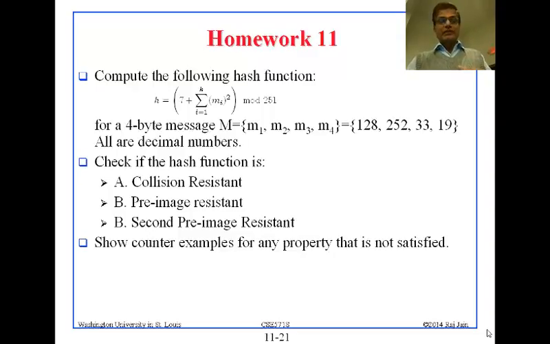How you can find two numbers that have the same hash. Any questions about the homework? Okay, I will leave that homework for you to think about, and we move on to the next one.